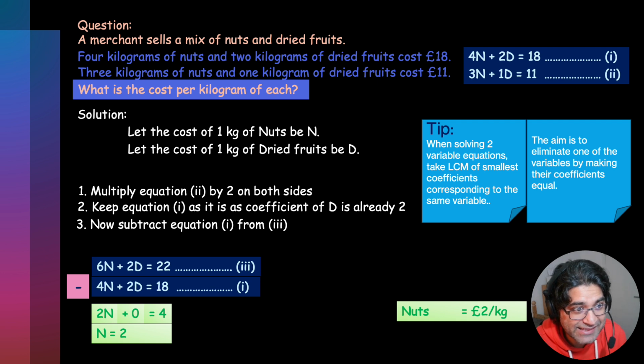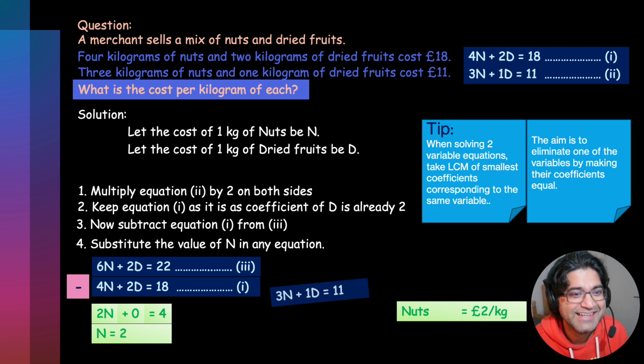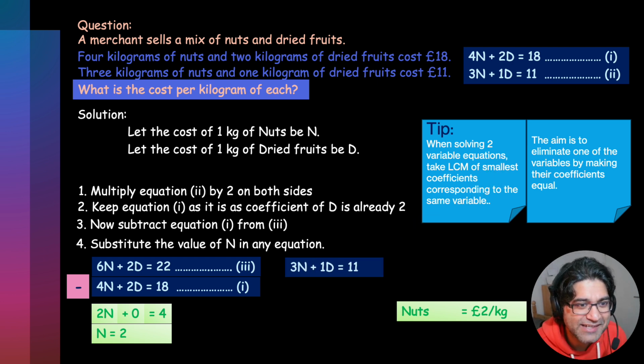Now I've got n, I still have to find d. For finding d, I simply substitute the value of n in any of the 3 equations I have here. And I will choose the easiest equation, which is equation number 2, because the coefficient of d here is simply 1. So I choose this equation. I say 3n plus 1d is 11.